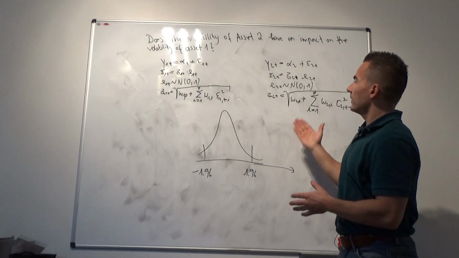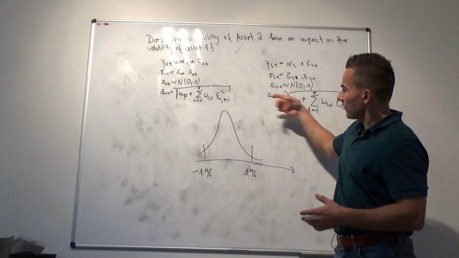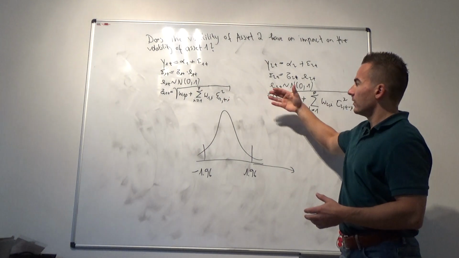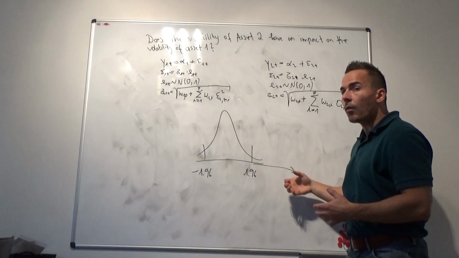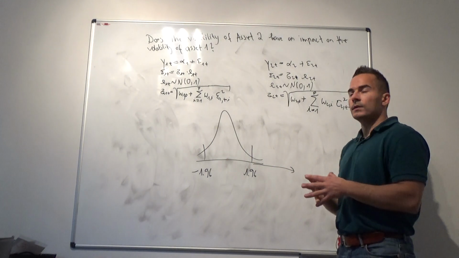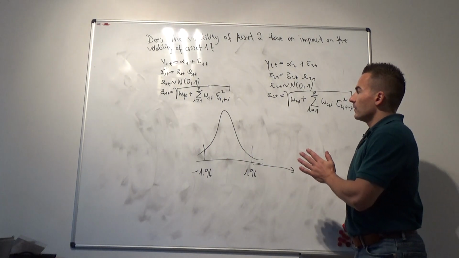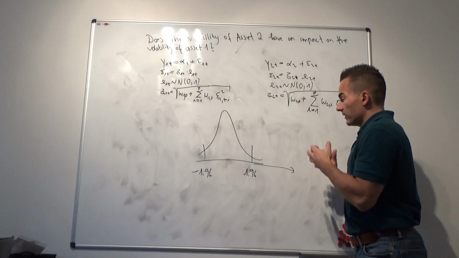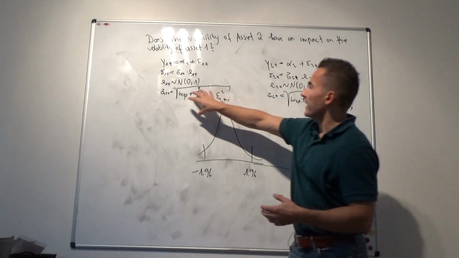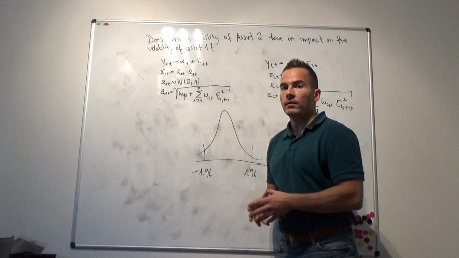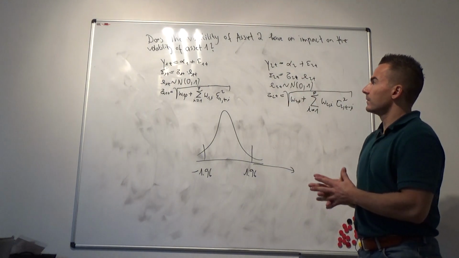Whenever the point estimators in that equation are significant, you would conclude that they have a significant impact on that asset's conditional volatility.